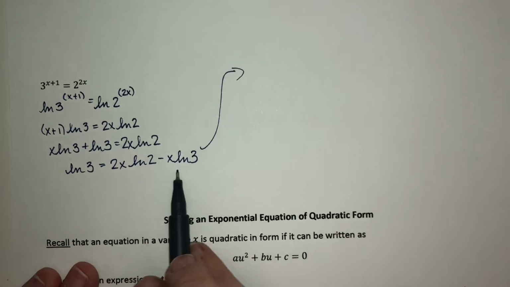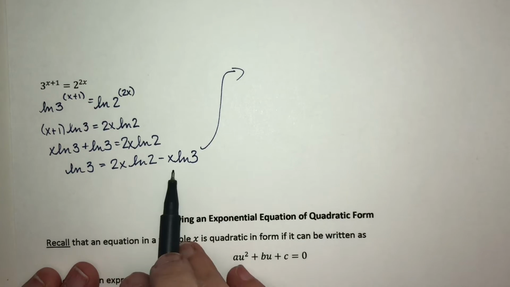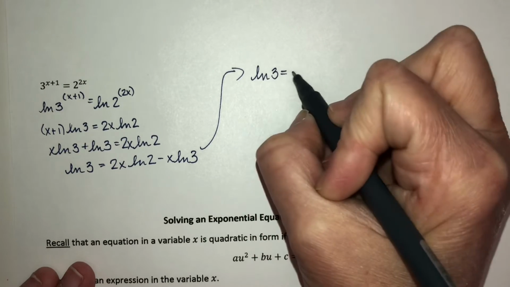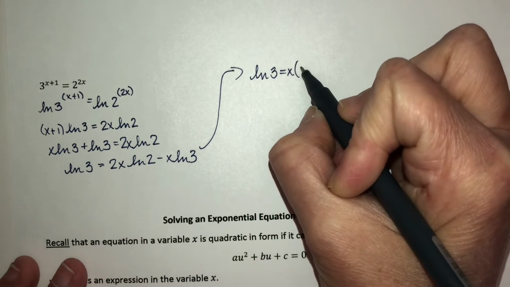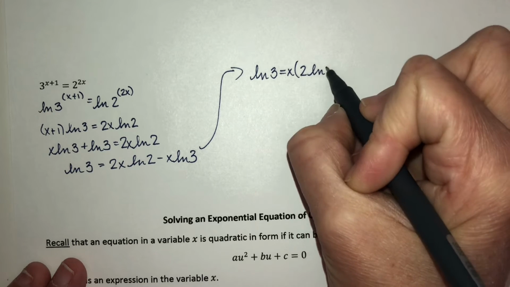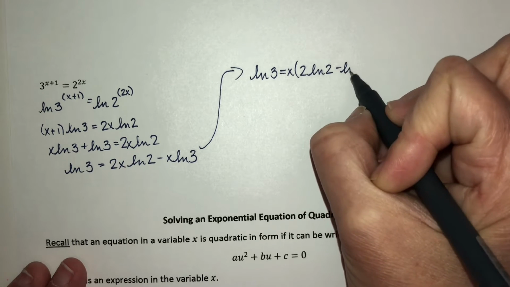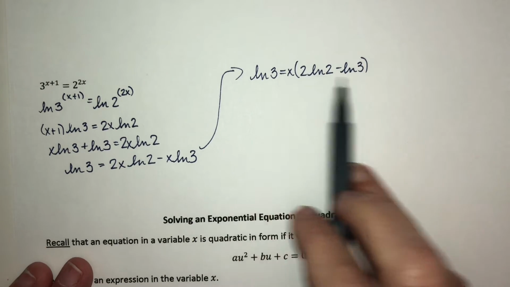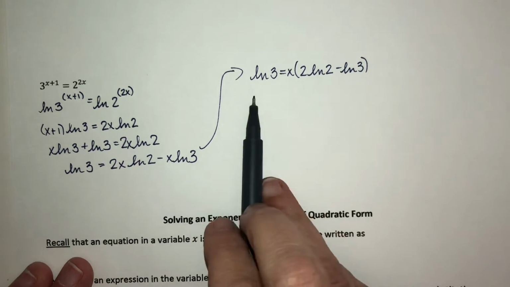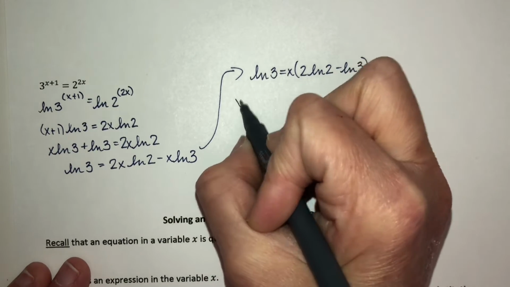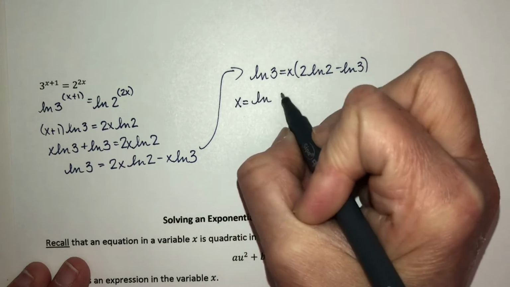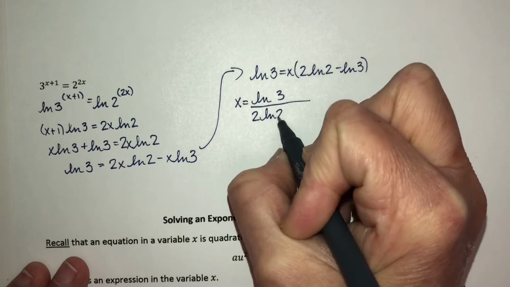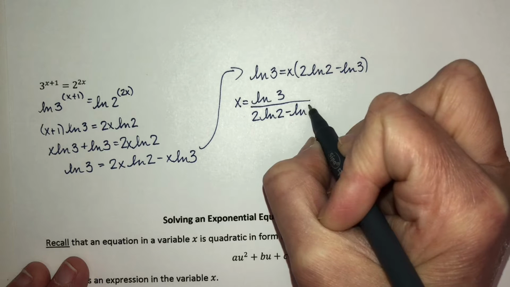Now what I'm going to do here is factor an x out of this. So I have x times 2 natural log of 2 minus natural log of 3. And this is just some ugly number. I'm going to divide both sides by that. And I get x is equal to natural log of 3 over 2 natural log of 2 minus natural log of 3.